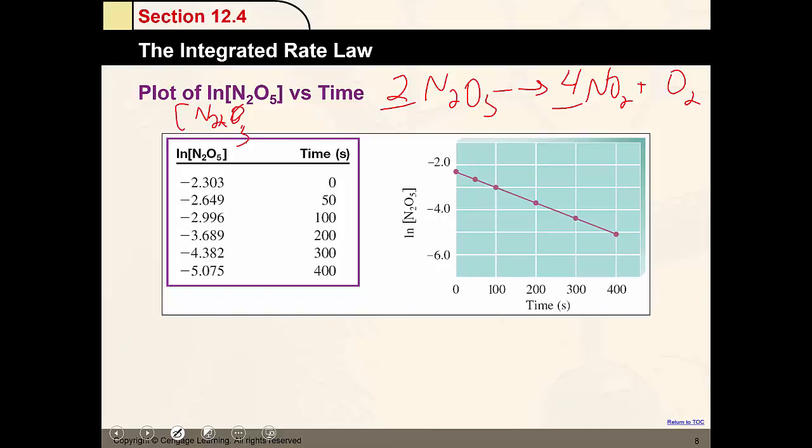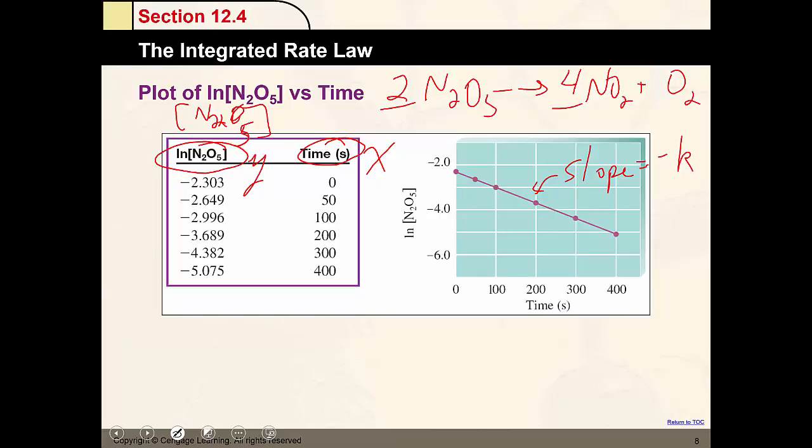And then what they're doing, taking the natural log of all that, plotting it, so that's on the y-axis versus the time on the x-axis. And if you look, the slope is equivalent to the negative of the rate constant.